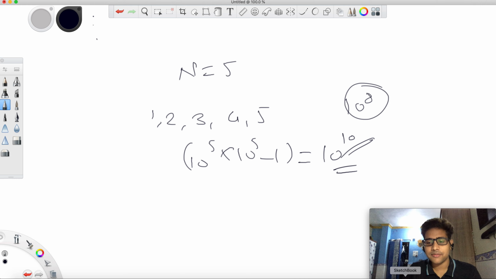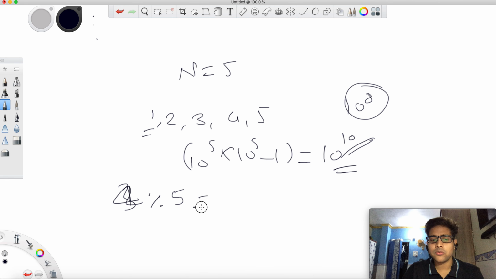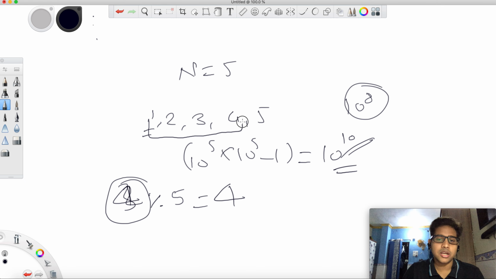Now why does it work every time? Because we are taking the mod with the largest number, and whatever smaller number you take, 1 or 2 or 3 or 4, the output will be that number itself. So it makes sense to take the largest of the remaining numbers. We are taking the mod by the largest number here, which is 5.